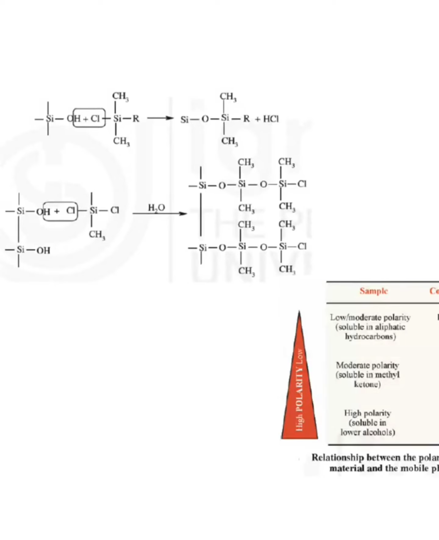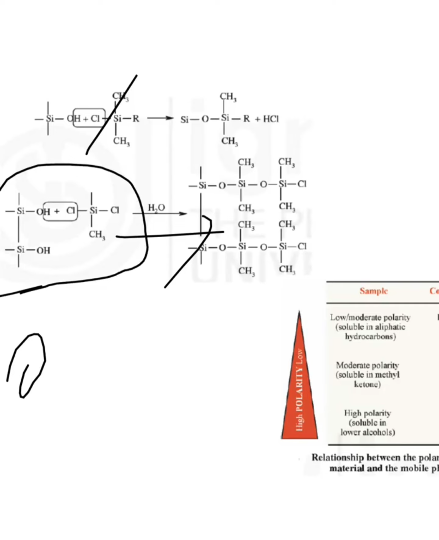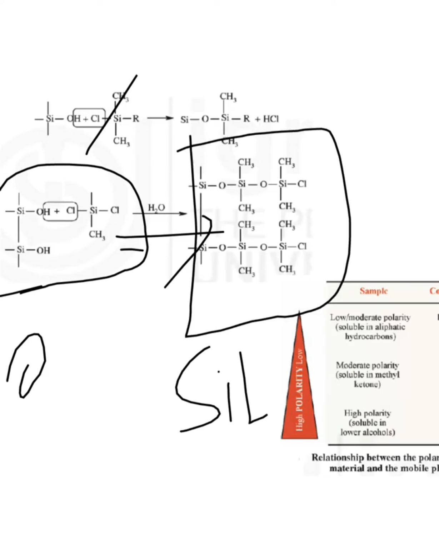Here, the most useful bonded phase coating is siloxanes, formed by the reaction of the hydrolyzed surface with organochlorosilane. When hydrolyzed, it gives siloxanes.